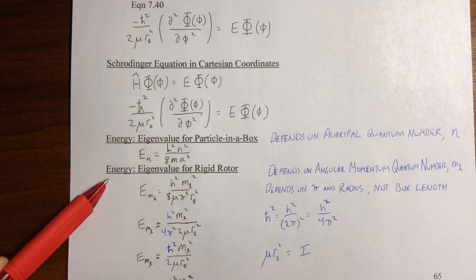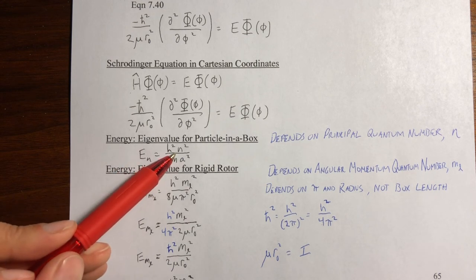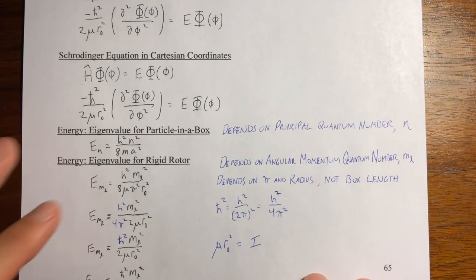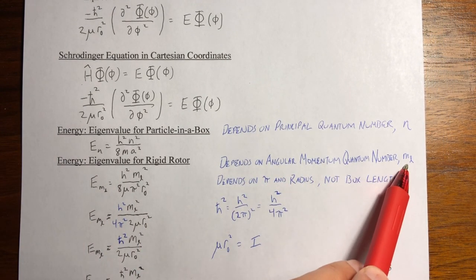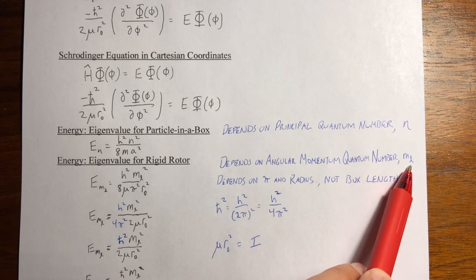The energy eigenvalue for rigid rotor, however, does not depend on the principal quantum number n. It depends on a different quantum number, and that is the angular momentum quantum number m sub L, which we haven't seen a lot of since Gen Chem or if you were in inorganic.